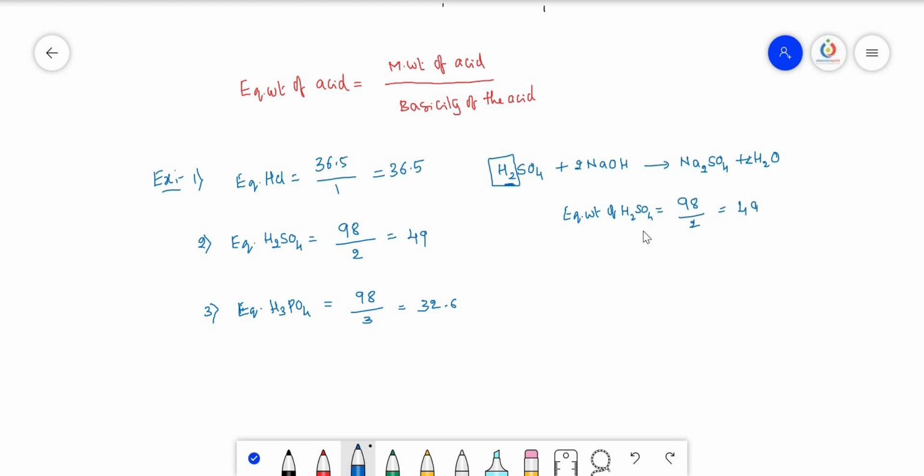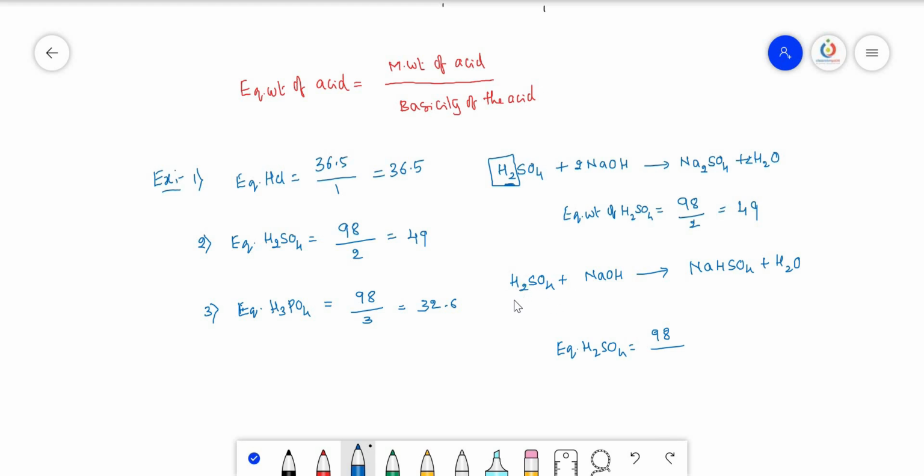that equals 49. Now, a similar reaction: let us take H2SO4, but only 1 mole of NaOH participates in the reaction. So now we get NaHSO4 plus H2O. Now if they ask you what is the equivalent mass of H2SO4, how do we calculate it? Equivalent mass of H2SO4 is equal to molecular mass by basicity. Basicity means the number of H plus ions released by the H2SO4.